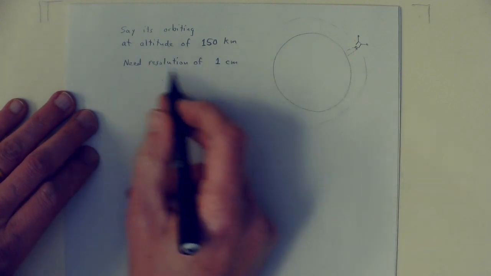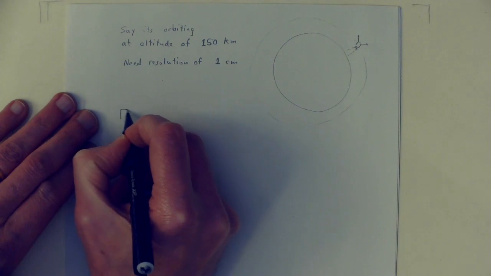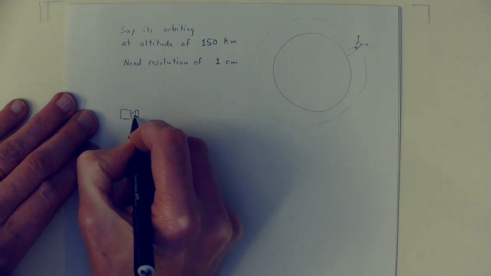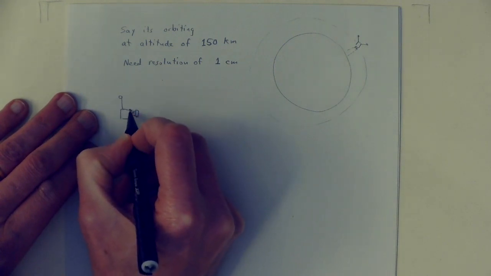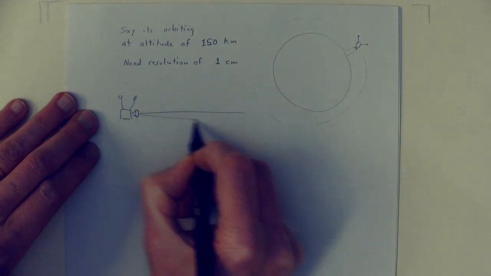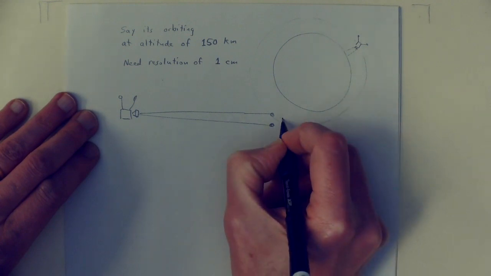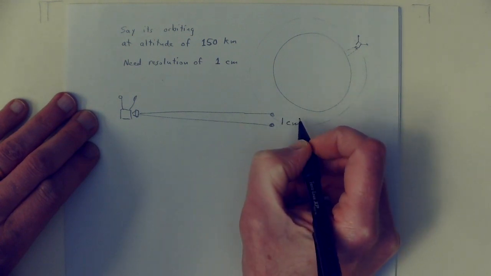Well, let's figure out what angle this corresponds to. So now, drawing this in a little different picture, here's our camera, if you like, on the spy satellite. And it is going to be looking at something that's far, far away and trying to discriminate these details that are 1 centimeter apart.